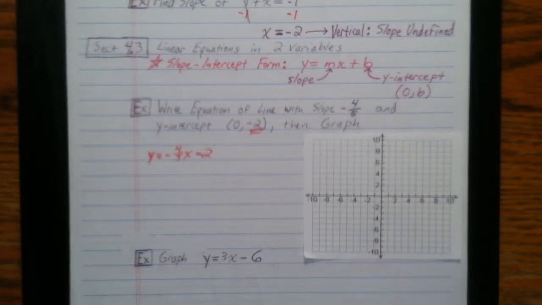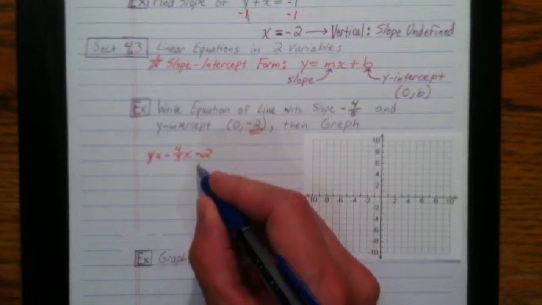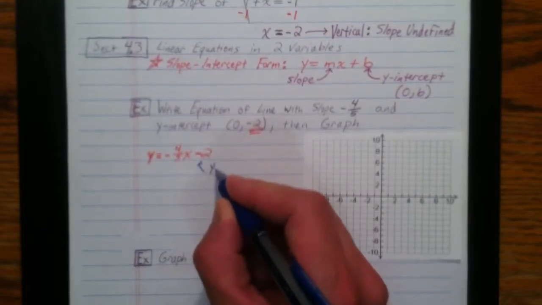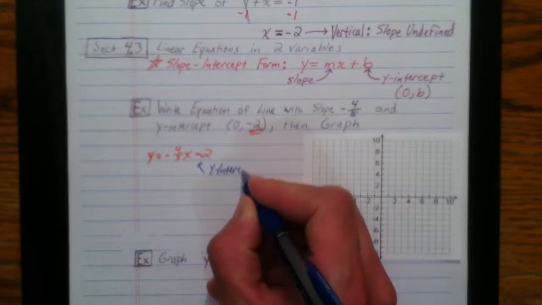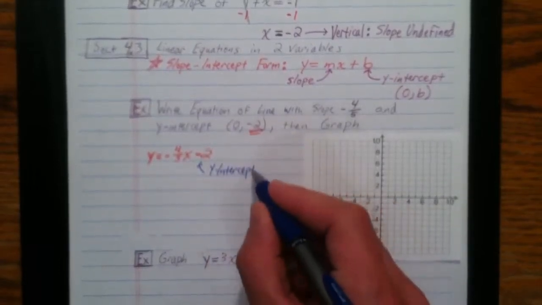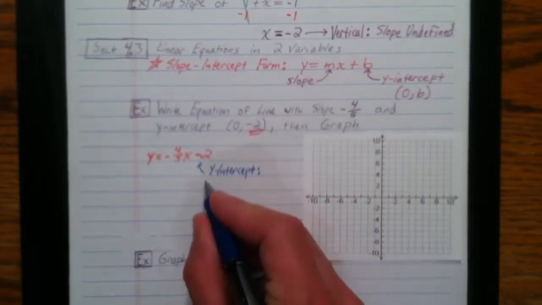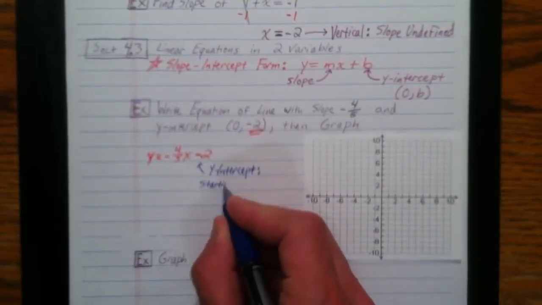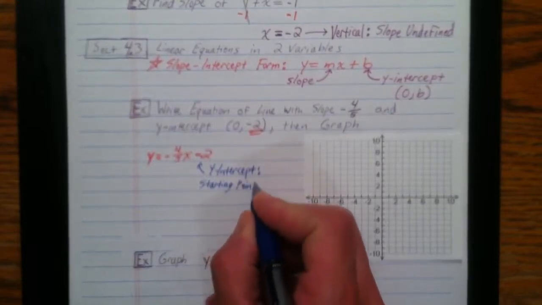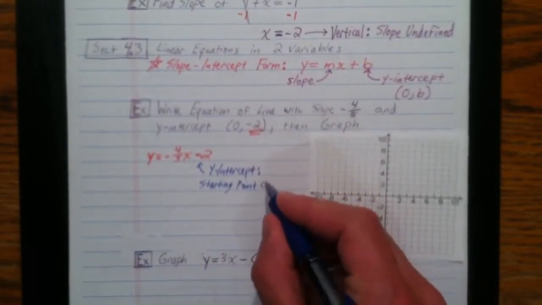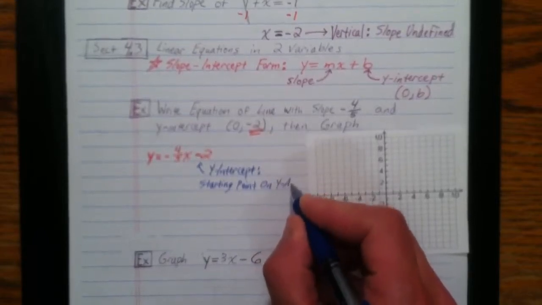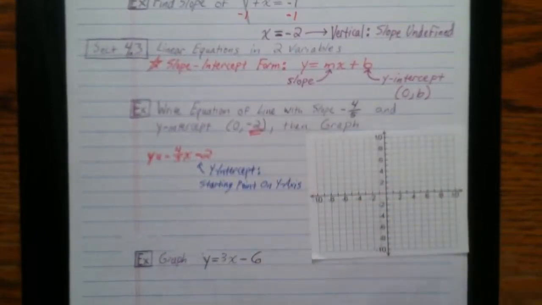First things first, we can view the y-intercept as a starting point. That tells us where to begin on our y-axis. So at -2, our y-intercept, again, that gives us our starting point on the y-axis.